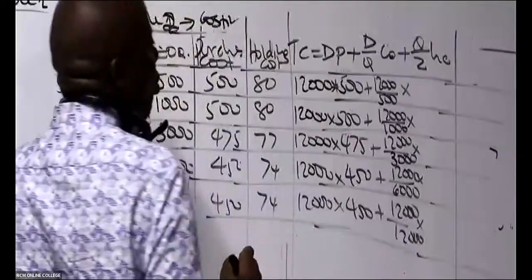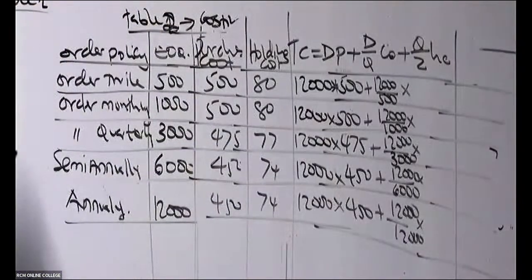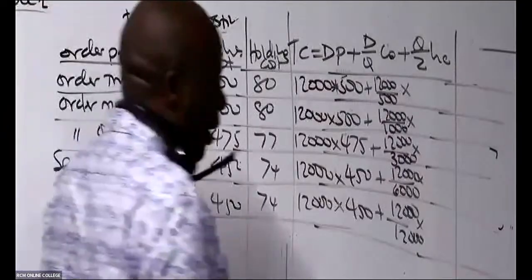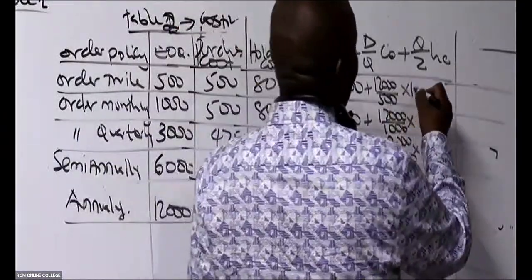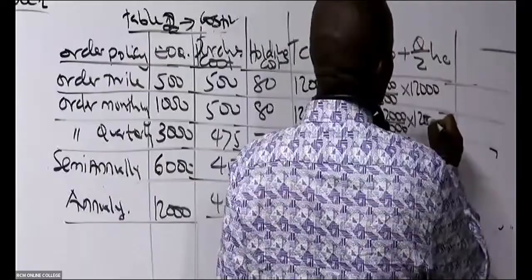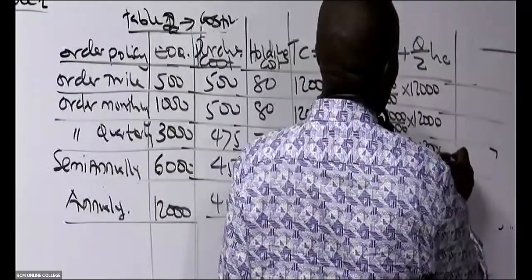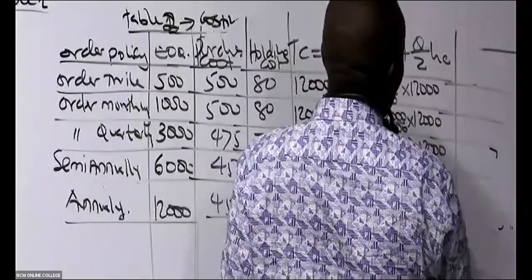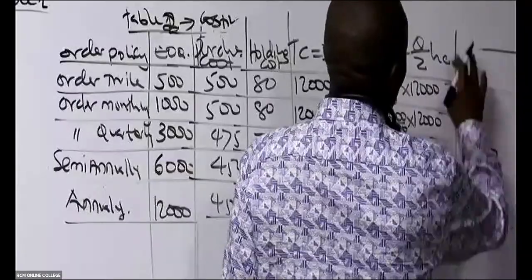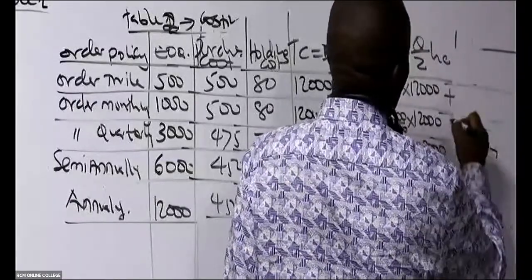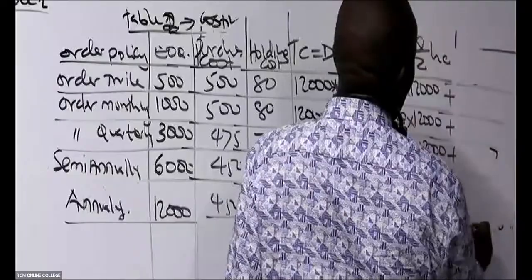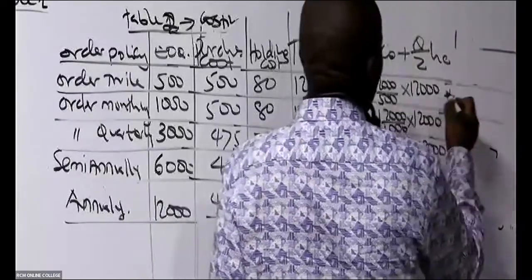The cost per order was given. Is there somebody who is able to remember the cost per order? The cost per order was provided in the question. It won't keep on fluctuating. The cost per order will remain the same. So the Qs are here.